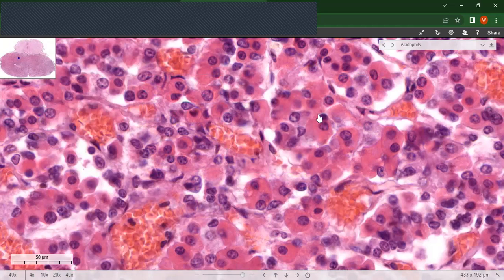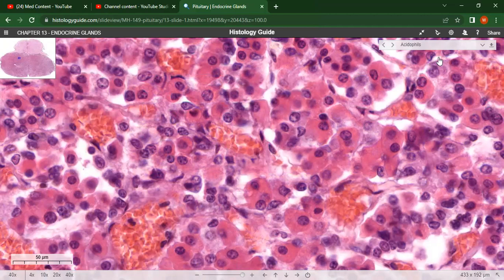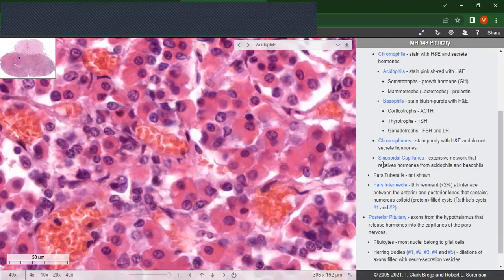Acidophils are the ones which take up the stain and become this color. Acidophils are of two types: somatotrophs and mammotrophs, also called lactotrophs. I have some notes here I can show you.